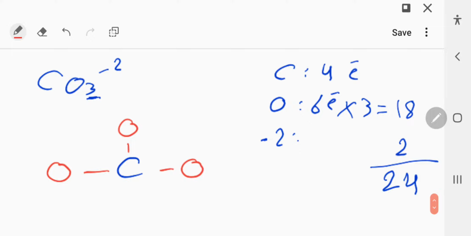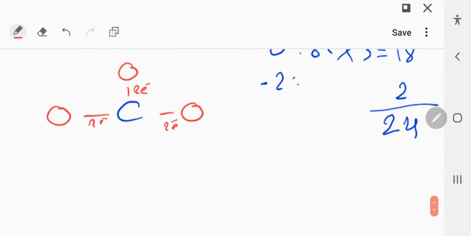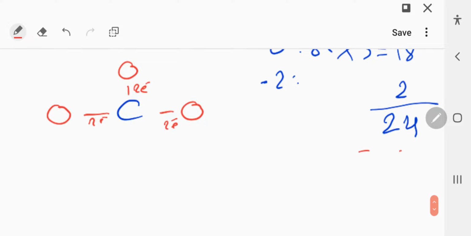So we have 3 bonds, and each bond is equal to 2 electrons, so we have 6 electrons now. So 24 minus 6, because we already used 6 electrons, we still have 18 electrons.